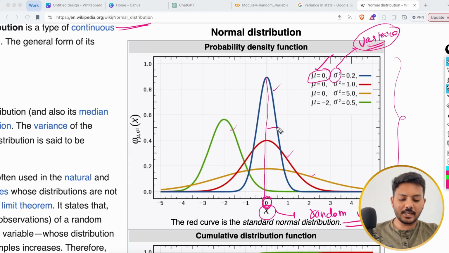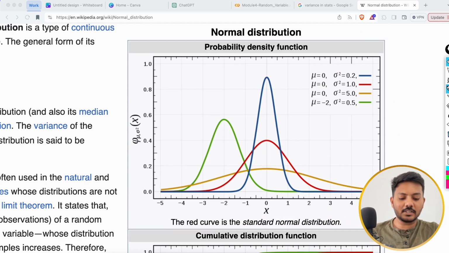Variance is basically how much your data is spread from the mean value. So I will explain variance again. From the mean, how wide your data is, that is called variance. We will understand how to calculate variance and everything in later videos, but let's understand the significance of a normal distribution. If you look at it, the normal distribution is always symmetric about the mean.